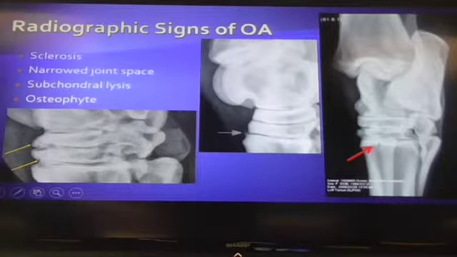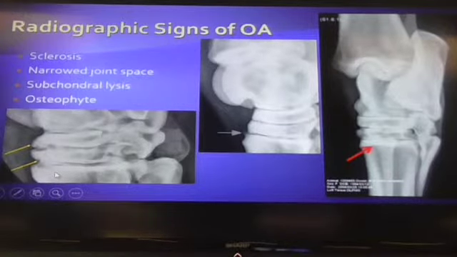So narrow joint space, a little bit right there, radiopacity, which is the sclerosis. Now subchondral lysis, kind of this stuff right here, right? So we've got lysis. Osteoarthritis, you see lysis and you see proliferation almost kind of together. So you see there's some stuff here that looks like it's proliferating, but also some areas that look more lytic than you would expect them to be.